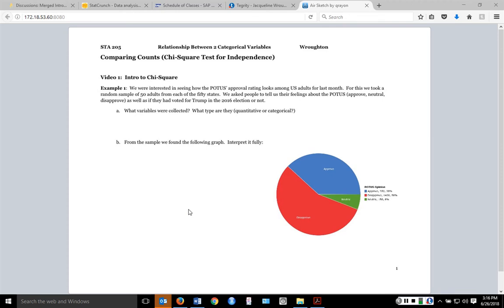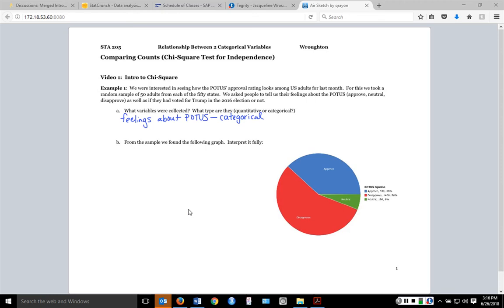We recorded their feelings about the president. And as we can see from the options of approve, disapprove, and neutral, this is going to be a categorical variable since you will fall into one of those three categories.